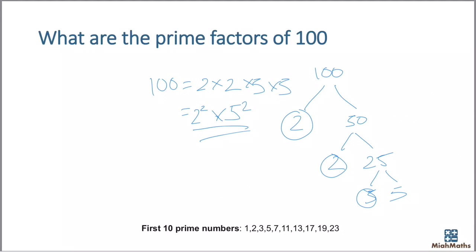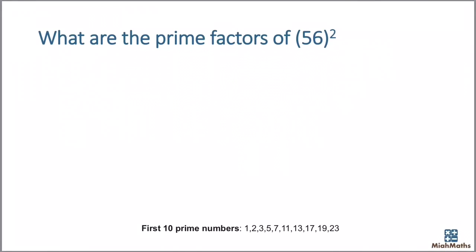It's that simple. A bit more of a complex problem, the prime factors of 56 squared. Now the added difficulty here is the squared sign. But let's be systematic. Let's solve this in a very simple way. Let's work out the prime factors for 56. So 56, you could break it down to 7 times 8.